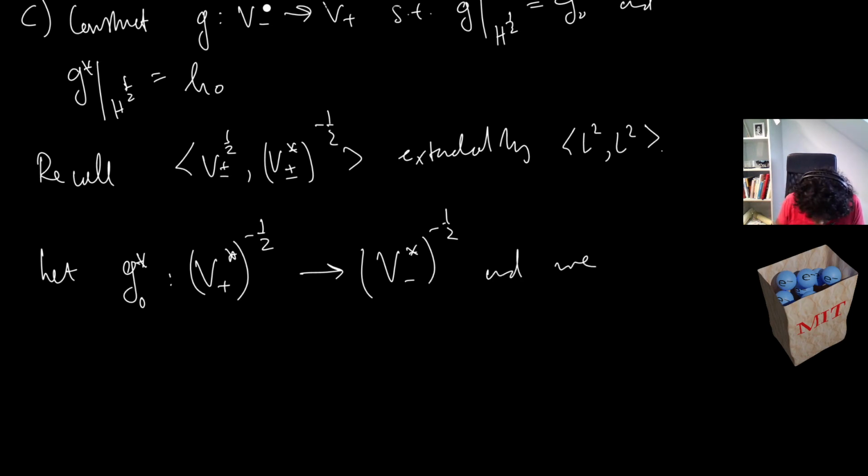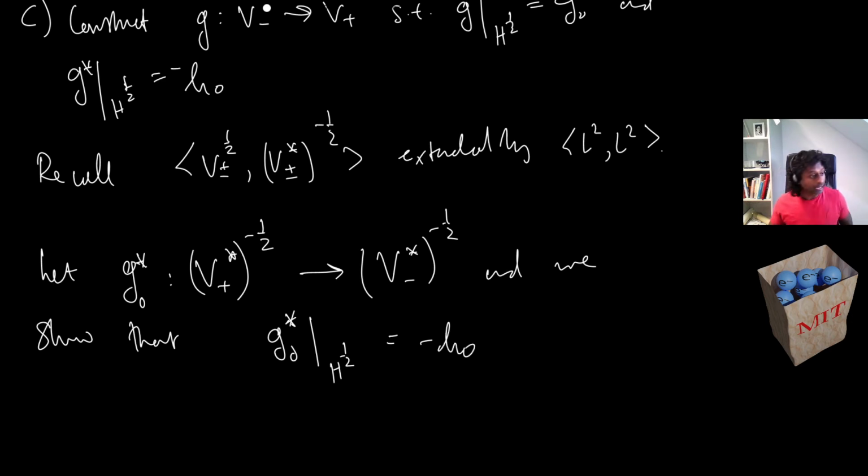And we show that G naught star restricted to H half is actually equal to minus, sorry, this should be minus H naught.